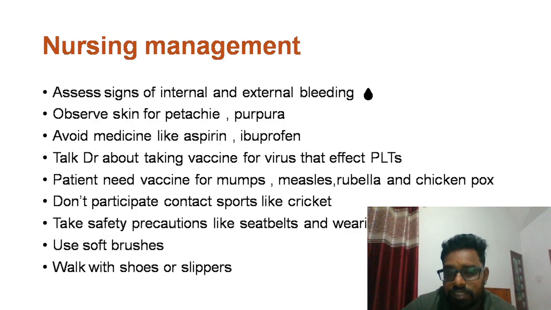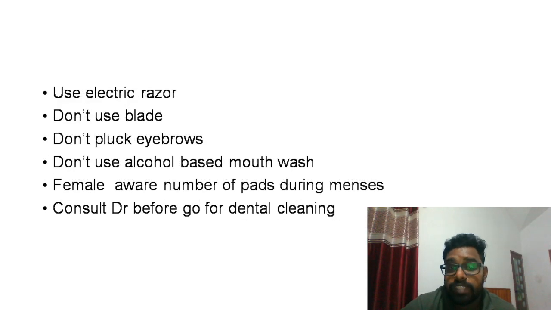Use soft brushes, because gum bleeding can happen. Walk with shoes or slippers. Use an electric razor to prevent bleeding. Don't use a blade; a blade will make a small cut and finally bleeding will happen.